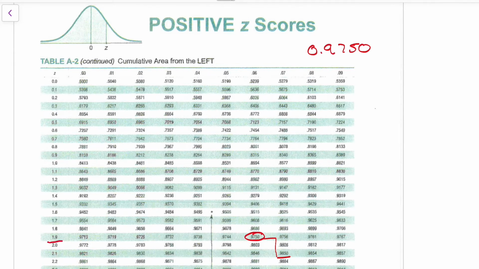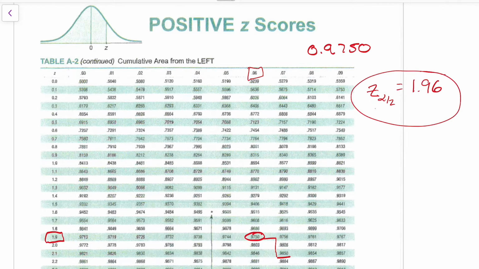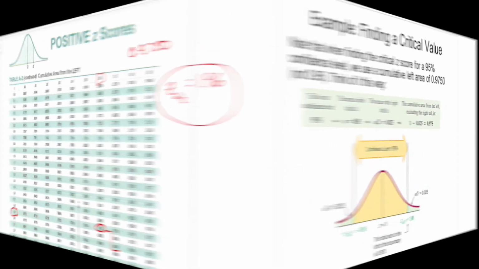If I look, I get 1.9 and 0.06, and that tells me my z sub alpha over 2, my critical value, is 1.96. This is the value I will take with us for our critical value when we're looking for 95% confidence.